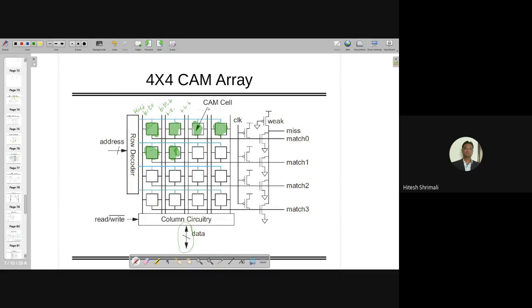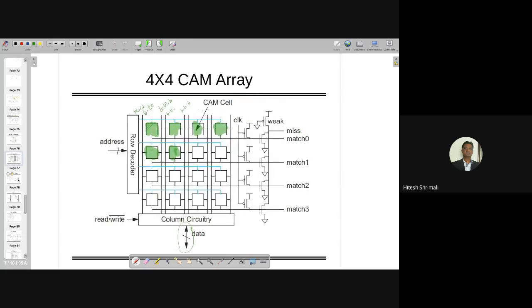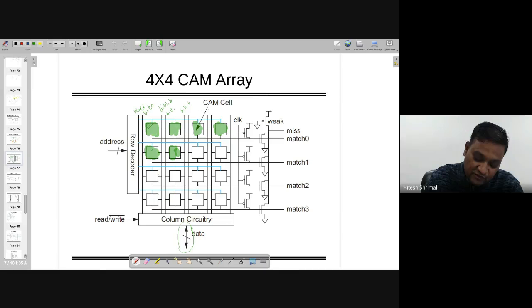Each bit line is the same bit, which is shown over here, and these are the places where you are going to keep the virtual address which you want to match. So that's why this is not unidirectional, this is a bidirectional bus where data can be written, data can be read, or anything can be done. But in the case of read and write, it's just unidirectional, right?